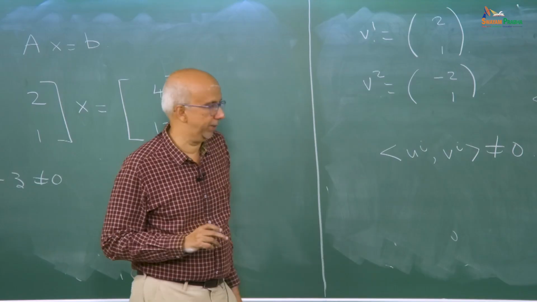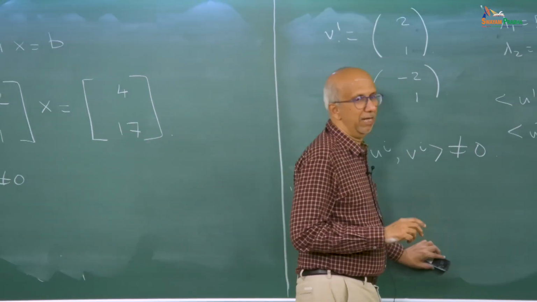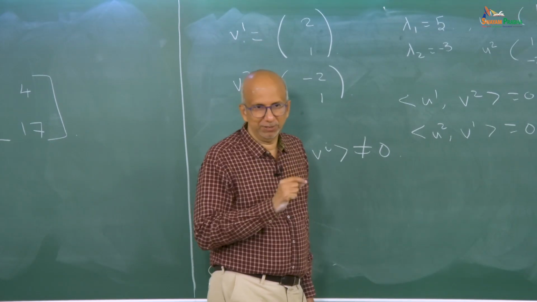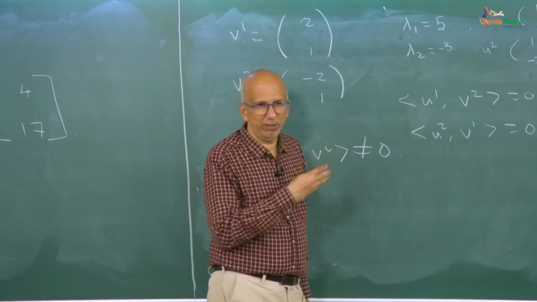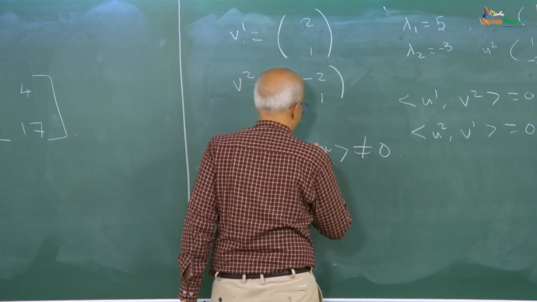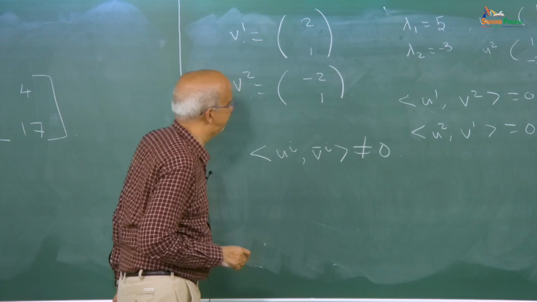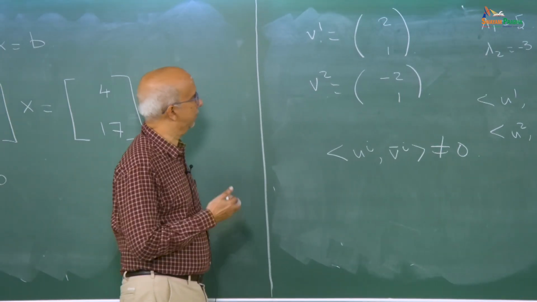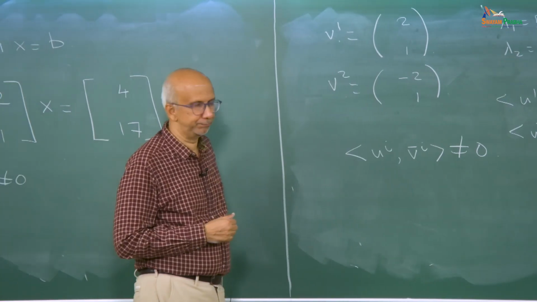Okay. I mean, you would actually do a complex conjugate. If you remember the thing, you have to do complex conjugate, but since we have only real, we do not worry about it. Okay. So, we should do this actually. We do not worry about complex conjugate because everything is real.